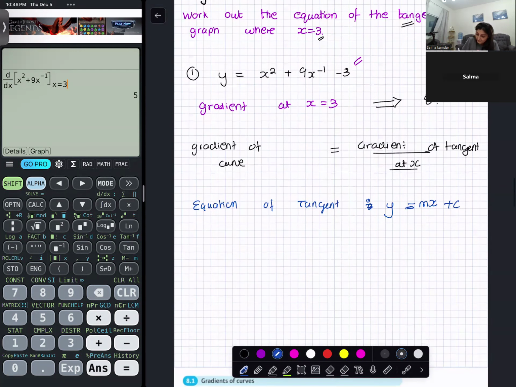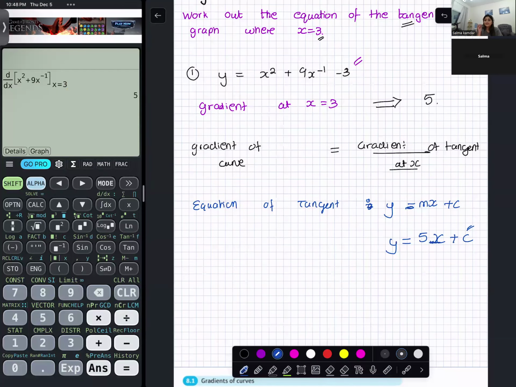I have my m as 5. Now I need to find c. I have the x coordinate and I want to find the y coordinate to complete this equation. It's very important to note here that c is the y-intercept, the place where it crosses the y-axis.